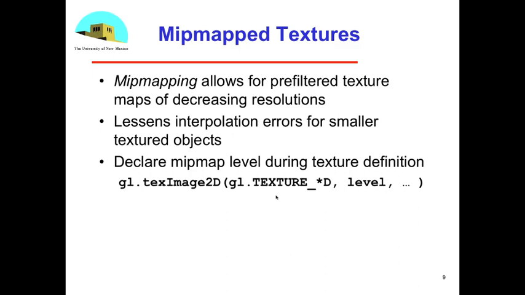So you'll get smaller errors, although you're trusting WebGL, or actually the GPU, to make the decision about when to switch between a texture at one level and a texture at the higher or the lower level, and you'll see that in the examples I'm going to show you.